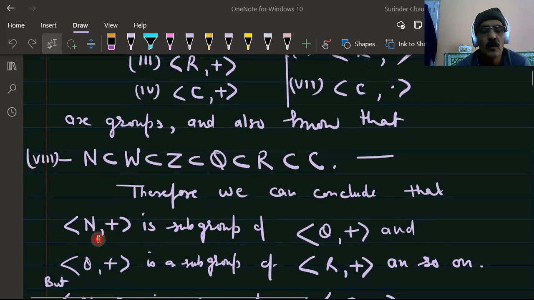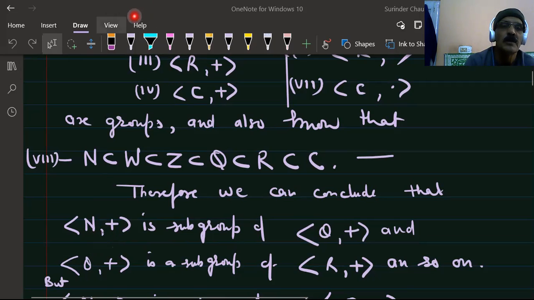Set of rational numbers, natural numbers. This is a subgroup of this. Actually, this will not be the set of natural numbers. This is the set of integers, not the set of rational numbers, but the set of integers.